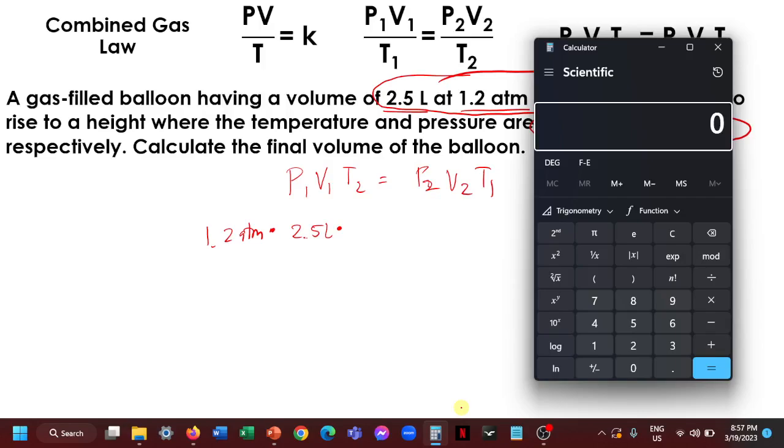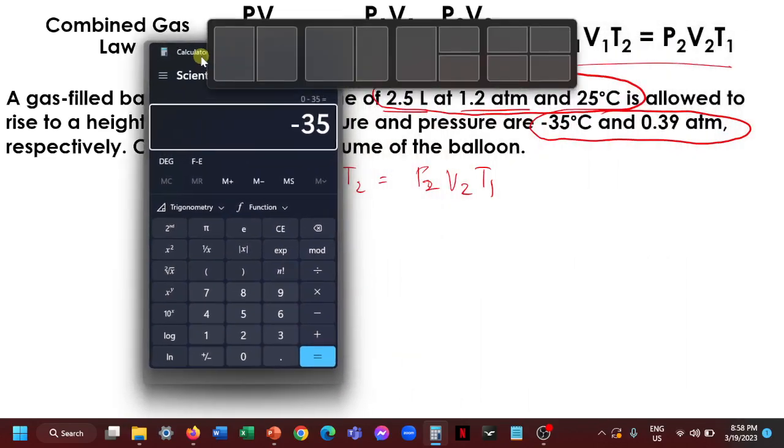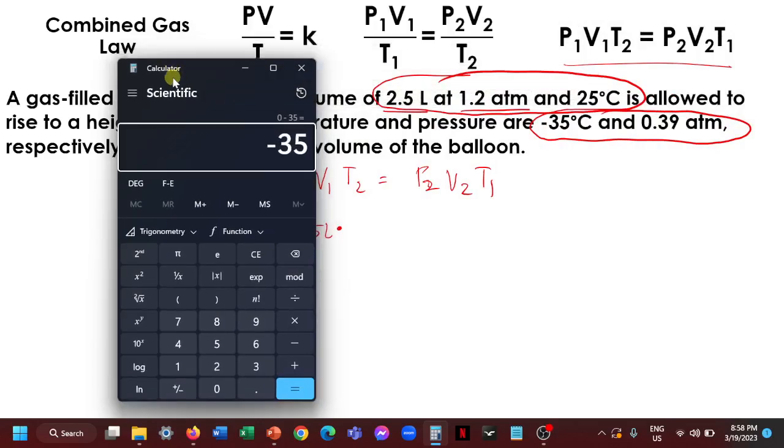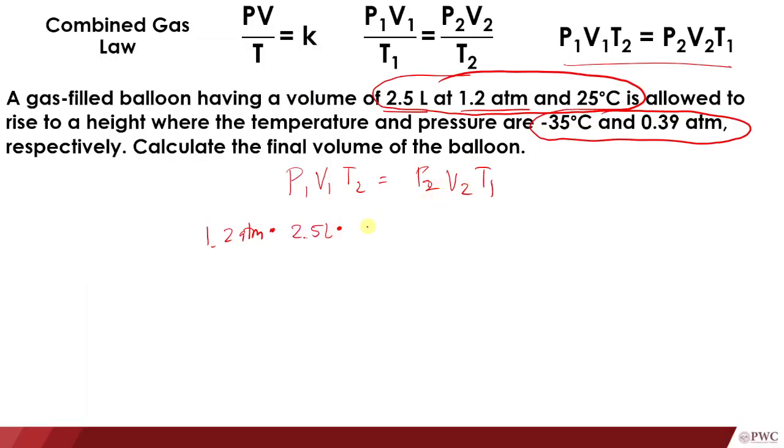That is negative 35 plus 273.15, so we have 238.15 Kelvin, is equal to the final pressure. The final pressure is equal to 0.39 atmospheres.